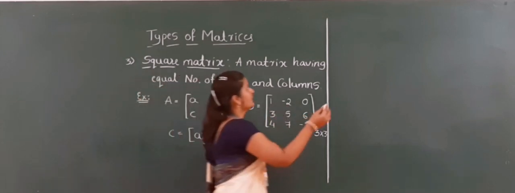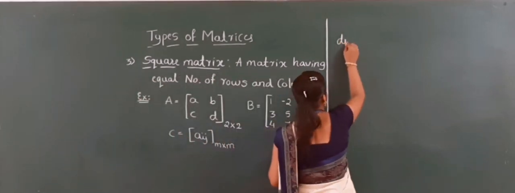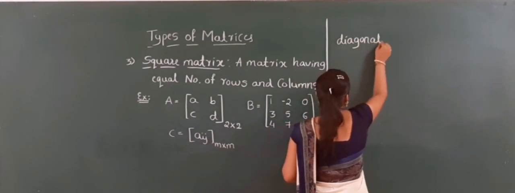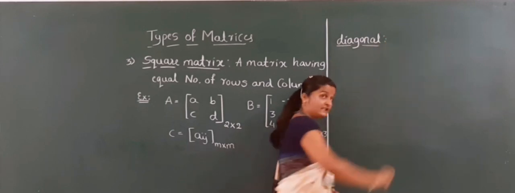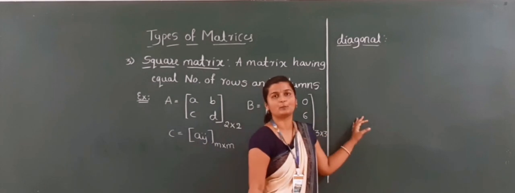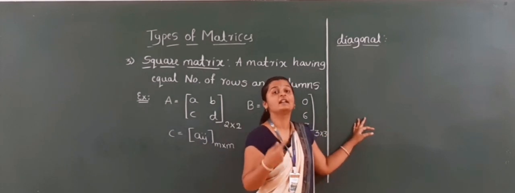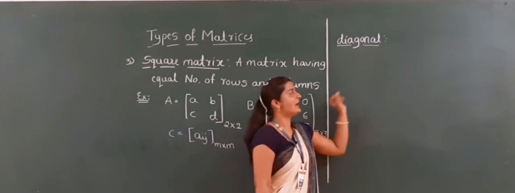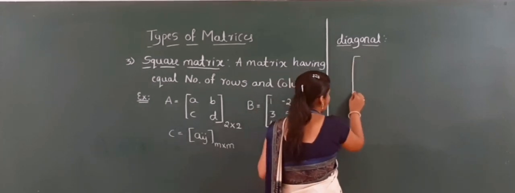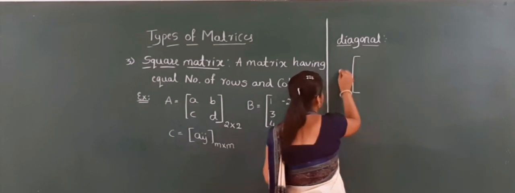Okay. So in this square matrix there comes one important term, that is the diagonal. This is very important for further defining the next types of matrices. So what do you mean by diagonal? First consider a matrix of 3 by 3 order.